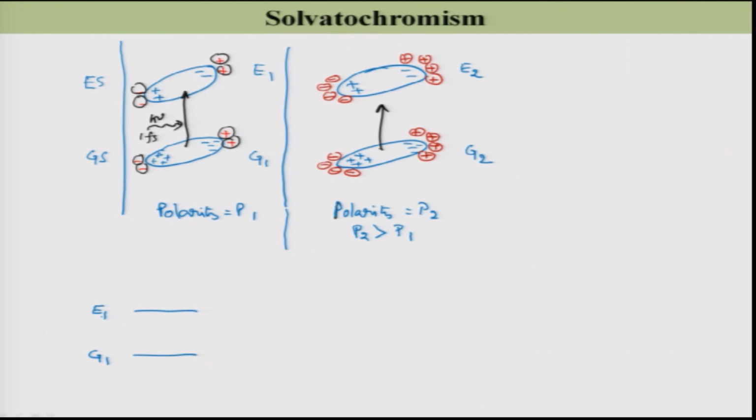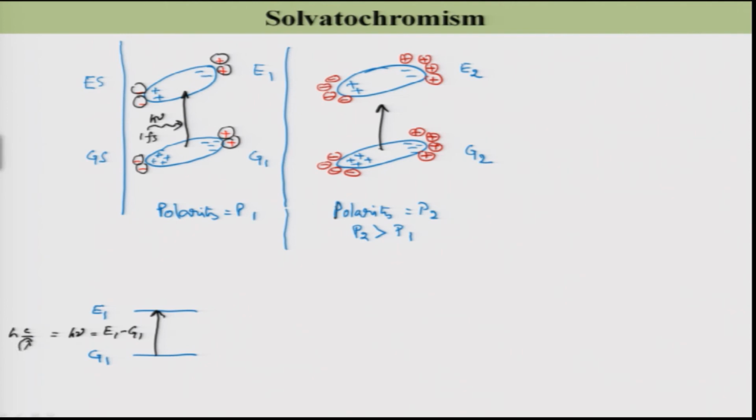So, the absorption spectrum will be similar to this transition. The h nu will be equal to E1 minus G1, which is equal to hc by lambda.